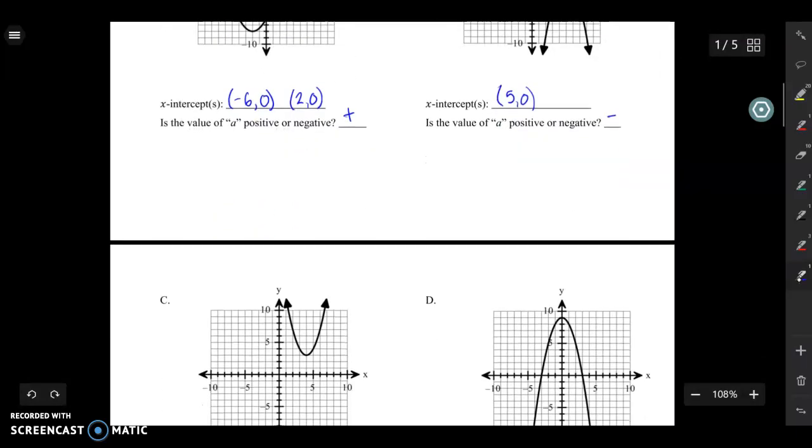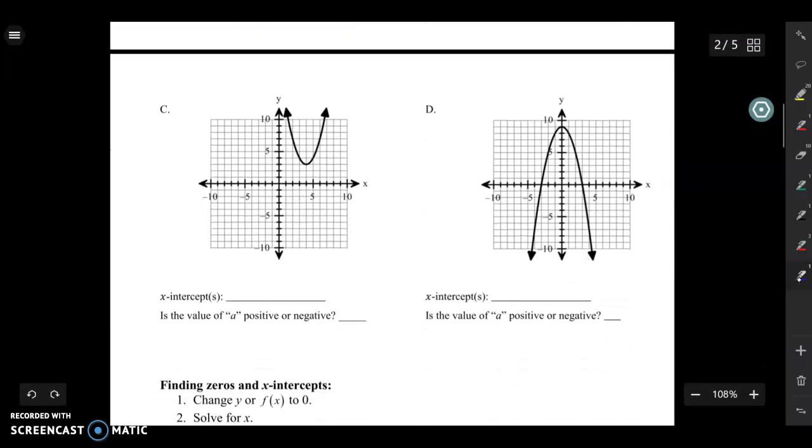And if you jump to the next example, C, you'll see that in this example, there are no x-intercepts. There's no place where that quadratic touches the x-axis. So in this case, you would say that the x-intercepts are none. So basically, your 3 options are 2 x-intercepts, 1 x-intercept, or 0 x-intercepts.